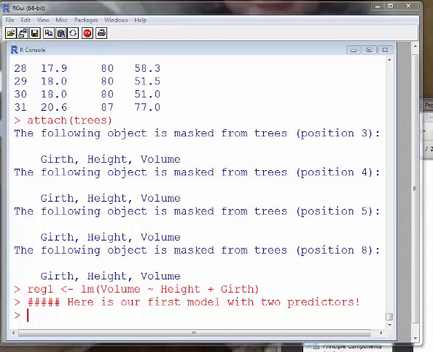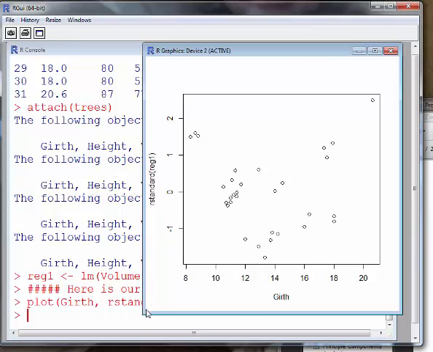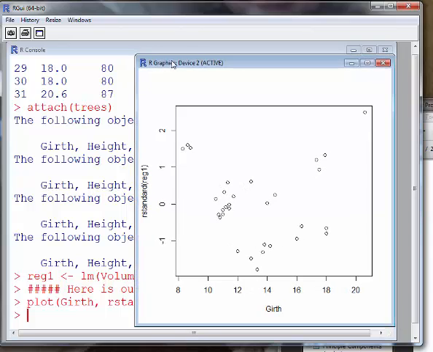So now let's plot girth versus the standardized residuals, or sorry, vice versa, standardized residuals versus girth, and you can see that there's sort of a pattern there.